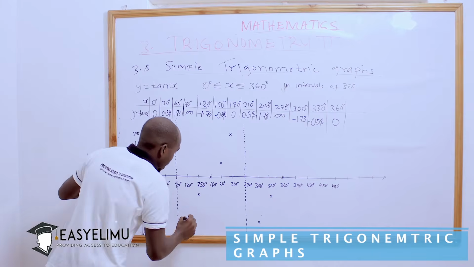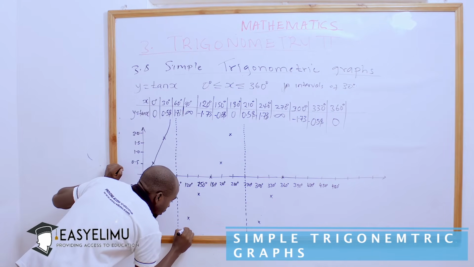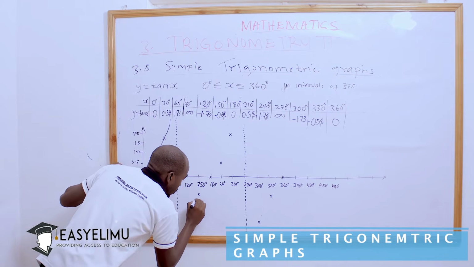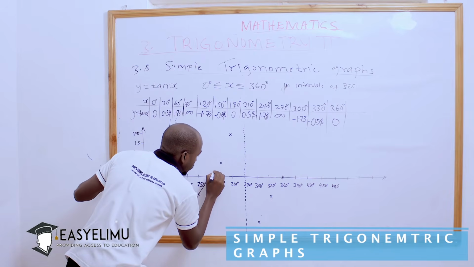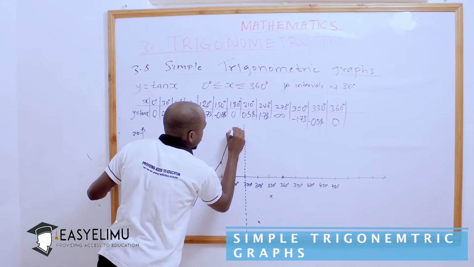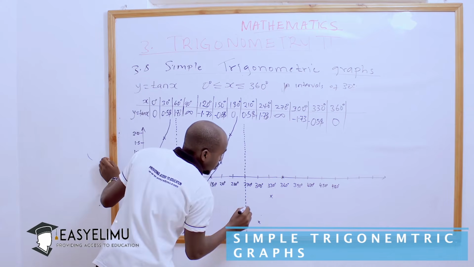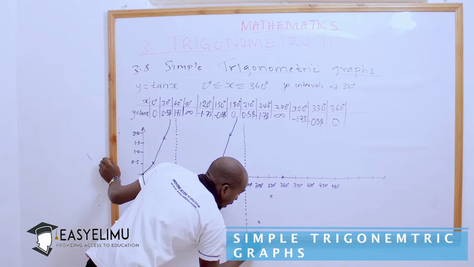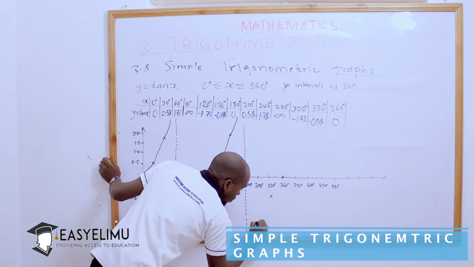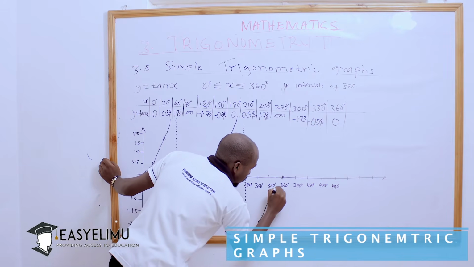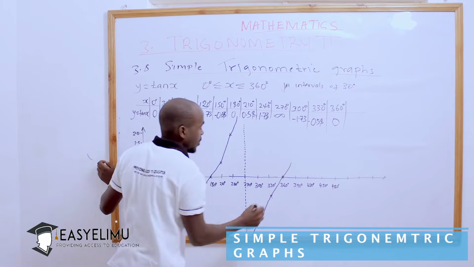So you will find again from infinity as it goes that way, and after reaching 270 degrees you will find again it comes from infinity as it moves, and the process continues that way.